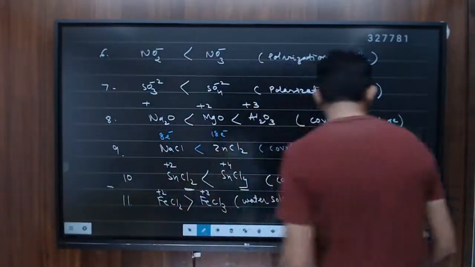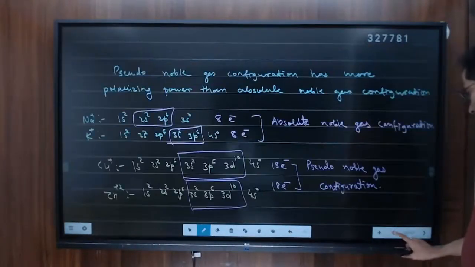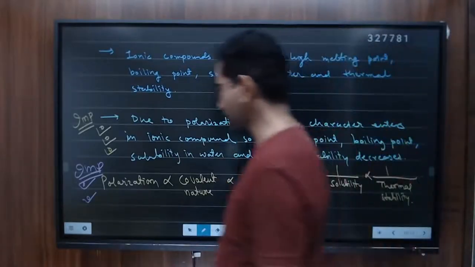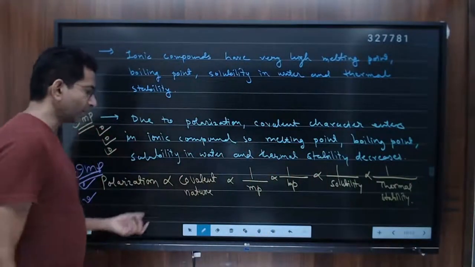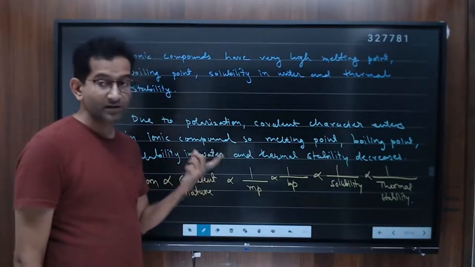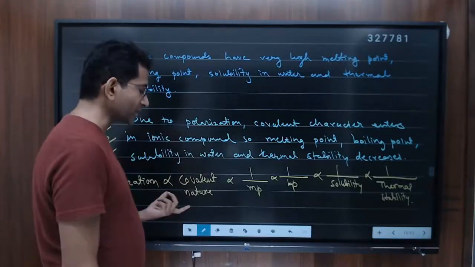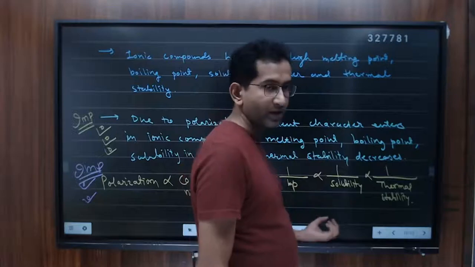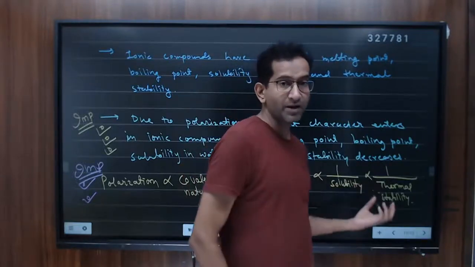As I explained a few slides before, you will remember this: the higher the polarization, the more the covalent nature. The more the covalent nature, these first three things are really very important: melting point will be lower, boiling point will be lower, solubility will be lower, and thermal stability will also be lower.